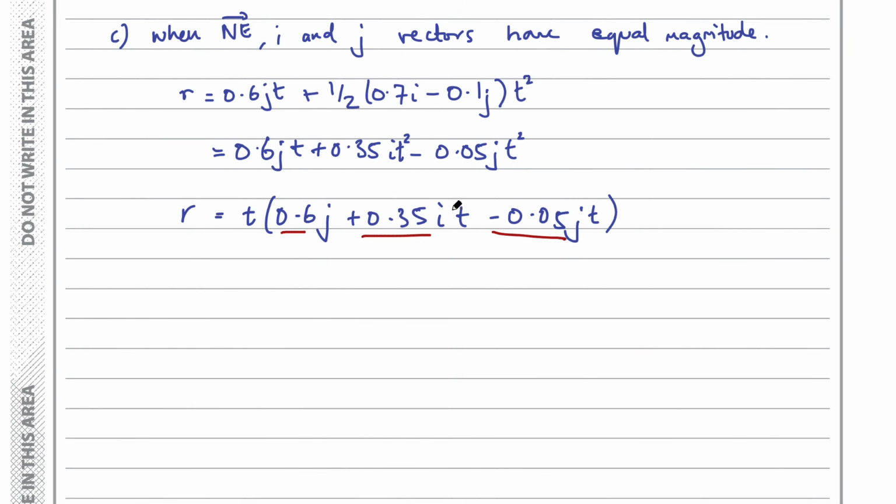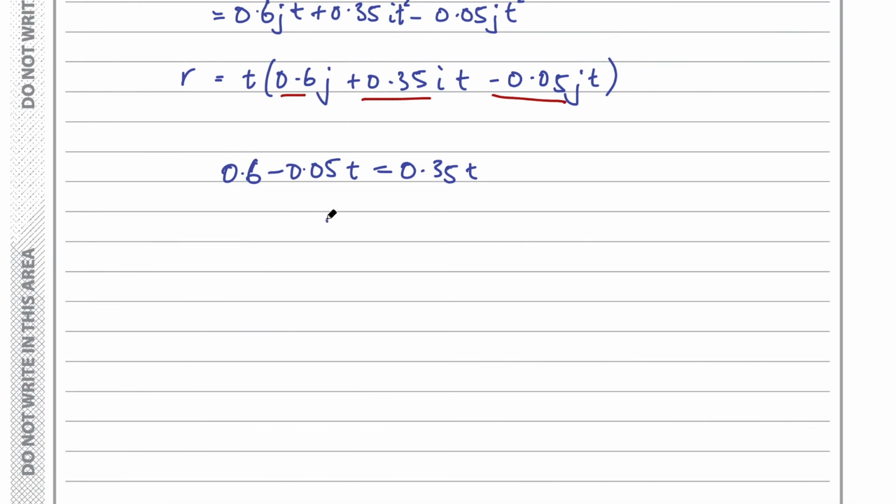So my equation in order to solve that would be 0.6 minus 0.05t equals 0.35t. And then I just need to go ahead and solve that. So add that to the other side, 0.6 equals 0.35 plus 0.05t. 0.6 equals 0.4t. So therefore t equals 0.6 divided by 0.4, that's 1.5.